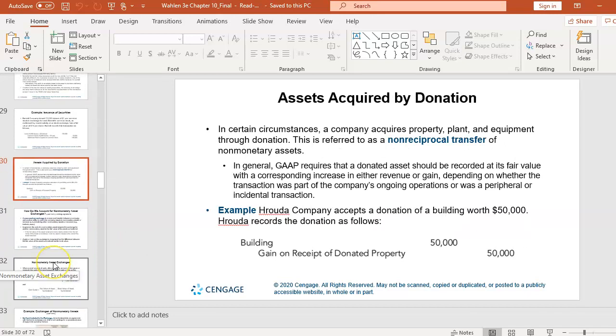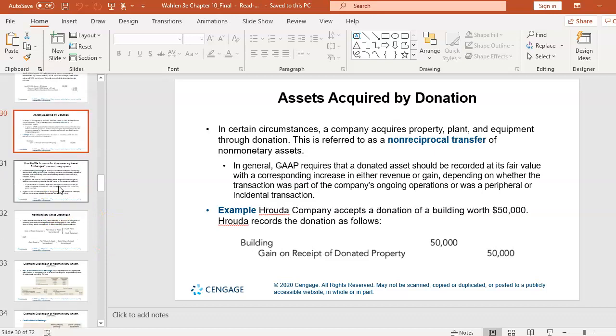It's possible that you can have something donated to you also. And if you do, that's just simply a gain. Some municipalities will give a business land in exchange for building a building and hiring people, right? I mean, that does happen. Especially a lot of small towns may have what they call an industrial park. It's owned by the city, the county, whoever it is, and they're looking for businesses to build in these industrial parks.